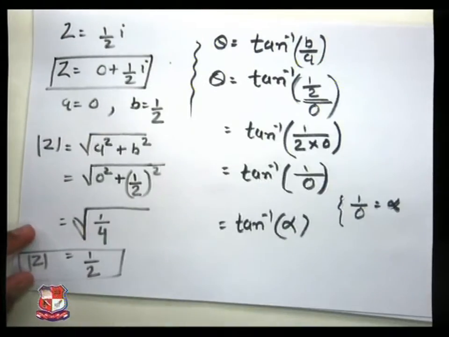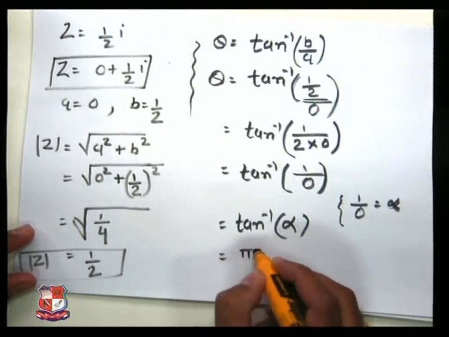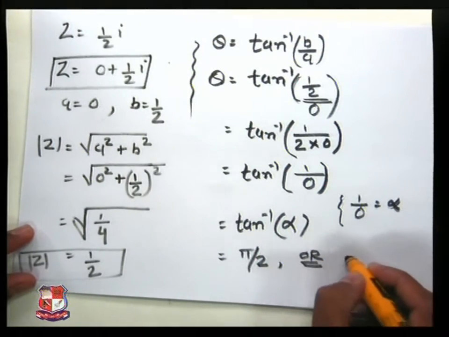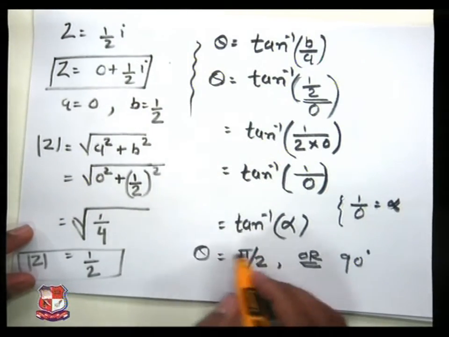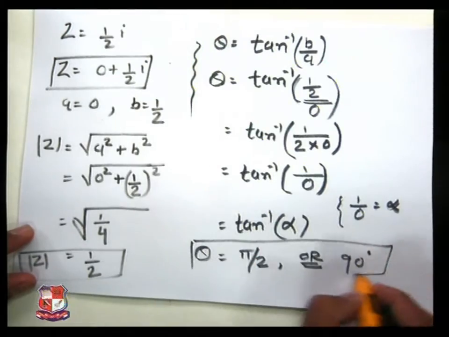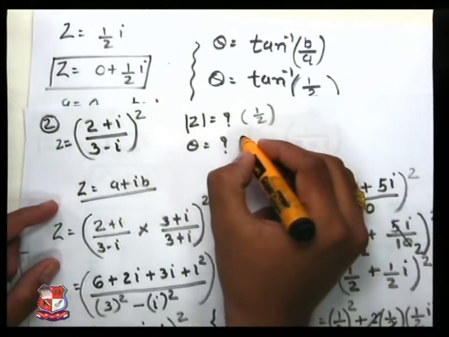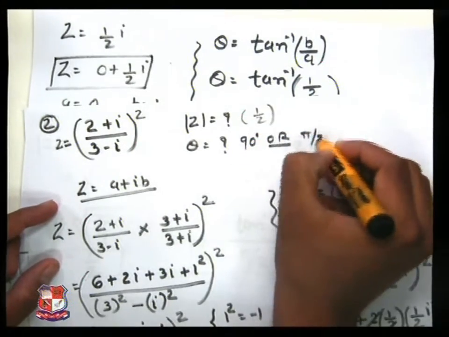So our final answer for theta is pi by 2, or in degrees we can write 90 degree.